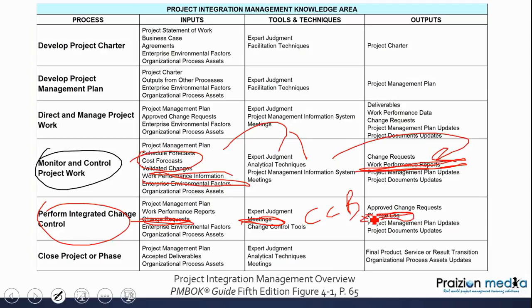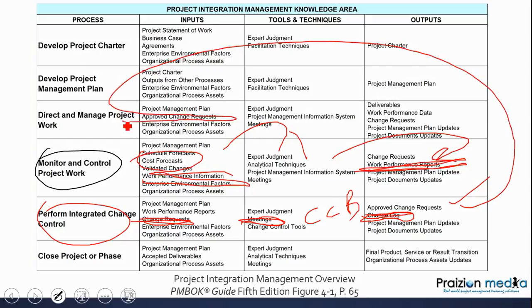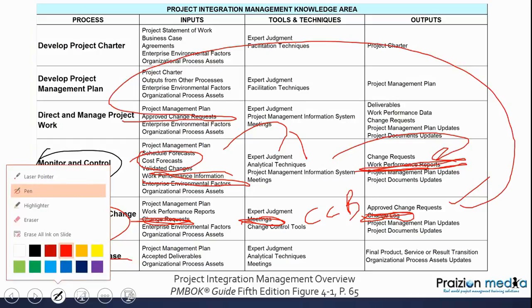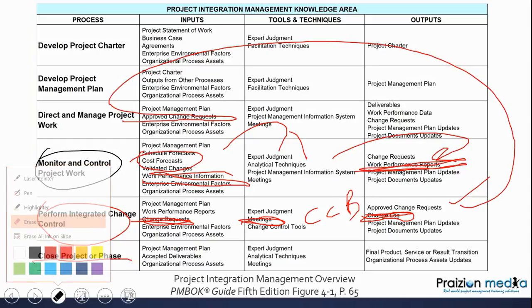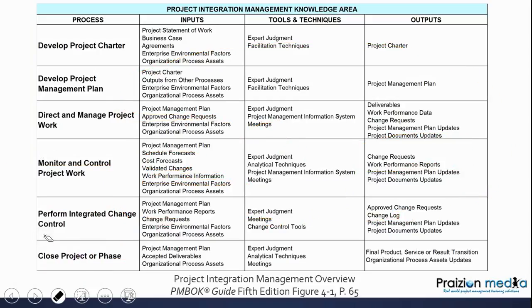And if we get approved change requests, well, that's there. Approved change requests. We can see these approved change requests are the same ones being put back into direct and manage project work. Last but not least, close project or phase. In close project or phase, we're closing out either a phase in the project or the entire project.